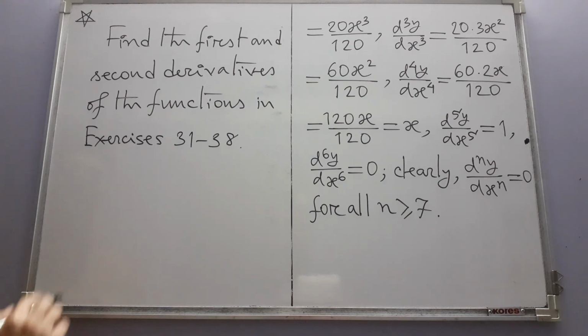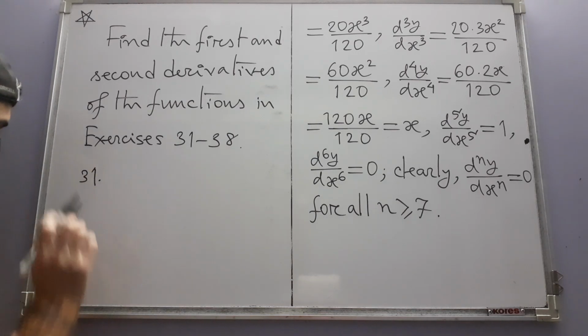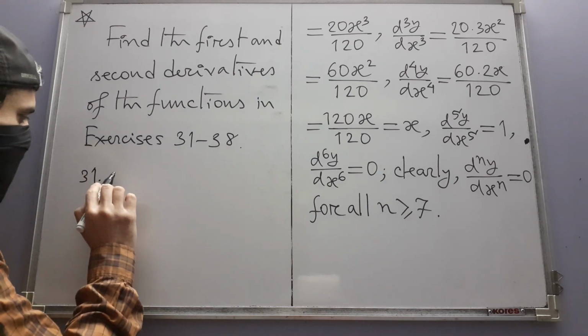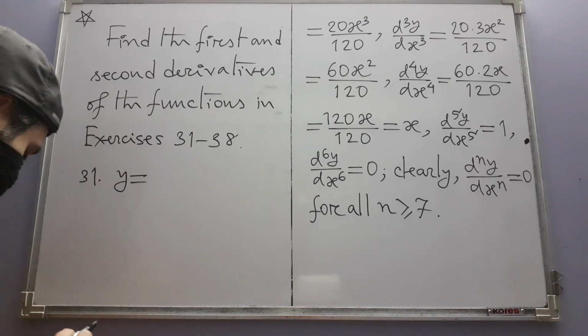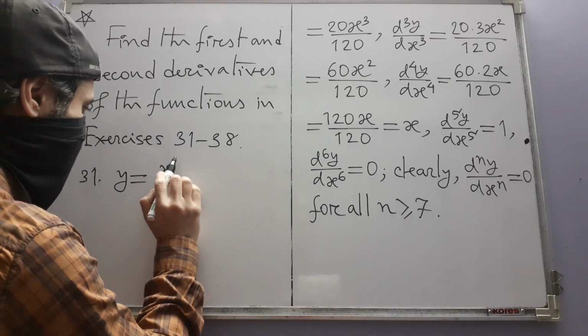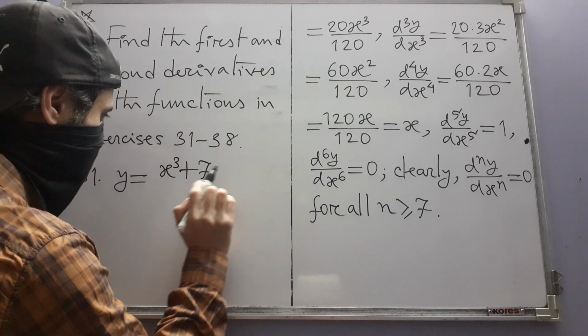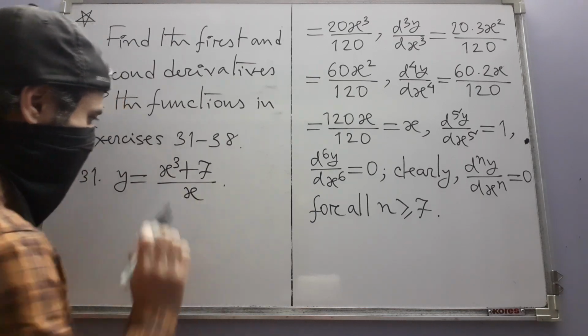So let's see what the 31st one is. This one has the function y equal to x cube plus 7 divided by x.